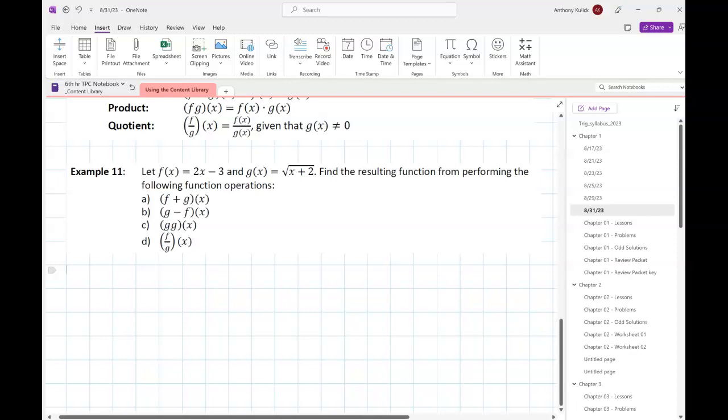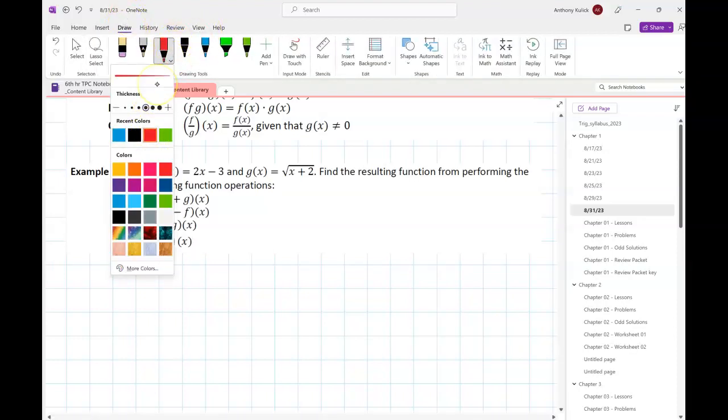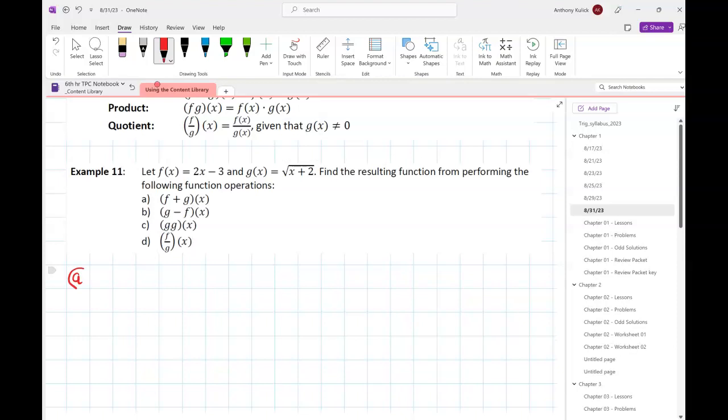So let's say f of x is the function 2x minus 3. And g of x is the function square root of x plus 2. And we want to do the following. So let's start by doing f plus g of x.